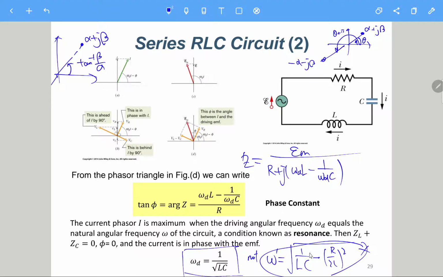For that case, we don't have a source, and the natural frequency of the LRC circuit is this term minus this term, and then take the square root. So it becomes smaller. But here, we drive this LRC circuit with this omega_d. So the signal in this circuit will have the same frequency as the AC source.